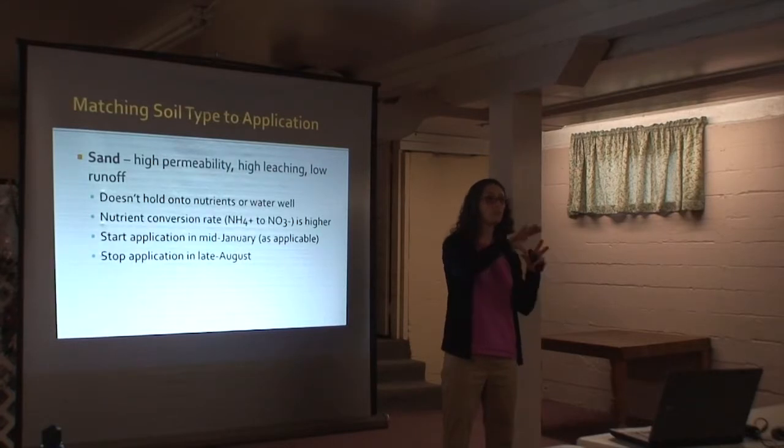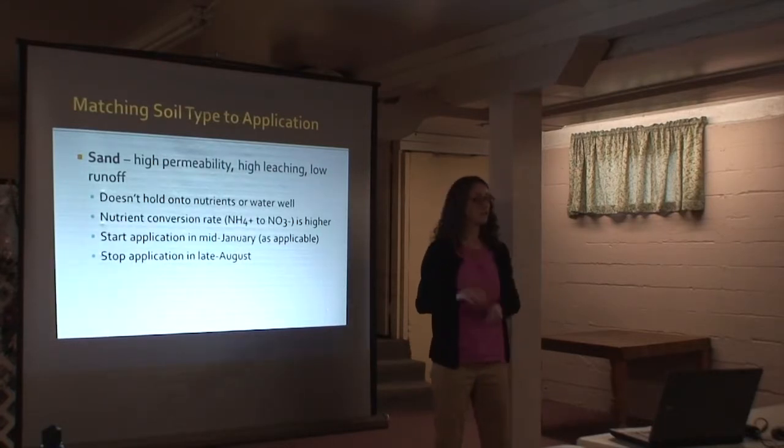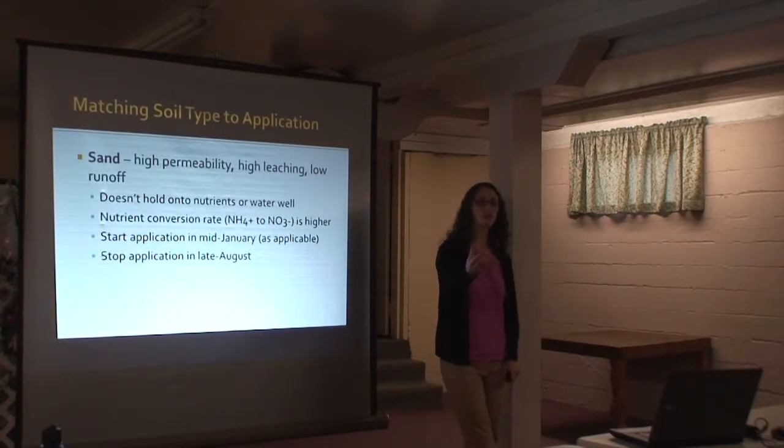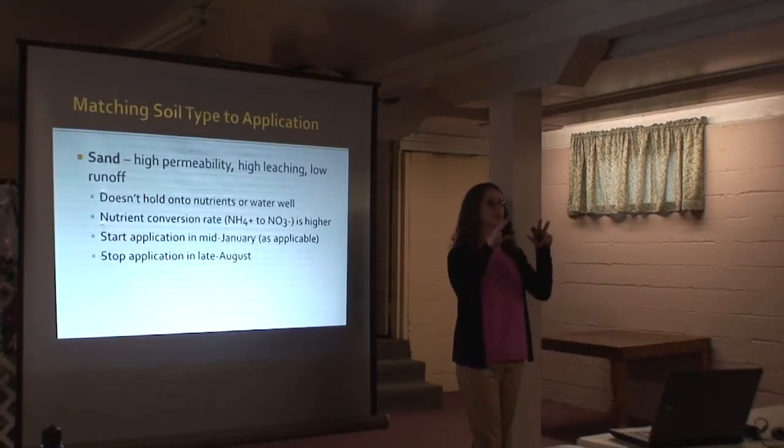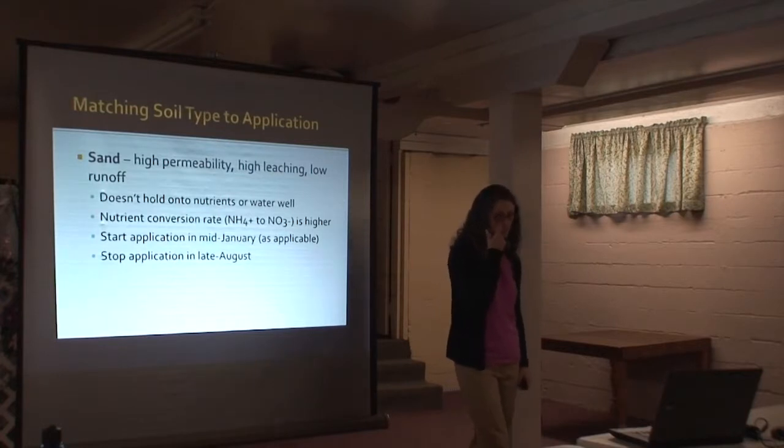So your availability and your conversion and your needs all kind of correlate to each other. And you've got that thicker stuff out there. We're not worried about it being lost as readily. You're going to get a little bit of push, but it's not going to be as much at that time of year. So very important to consider.